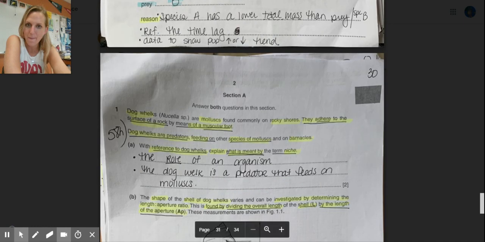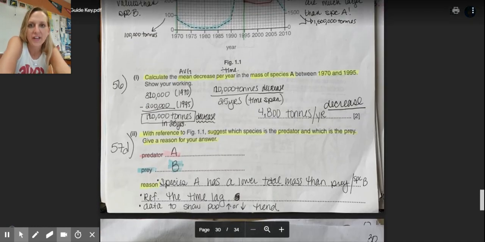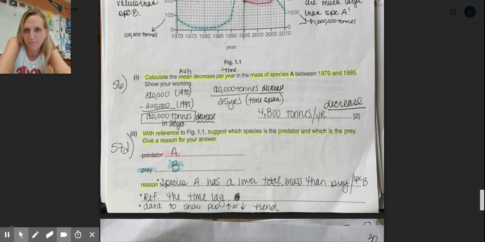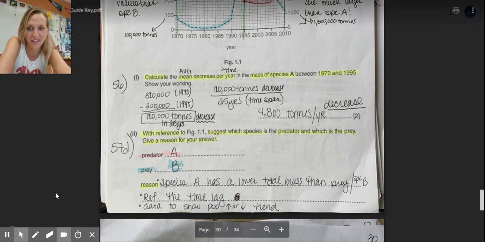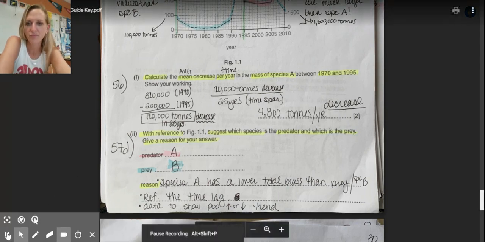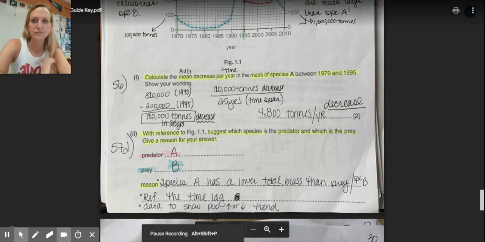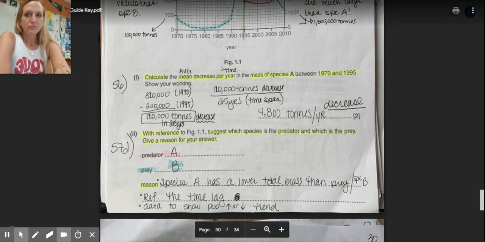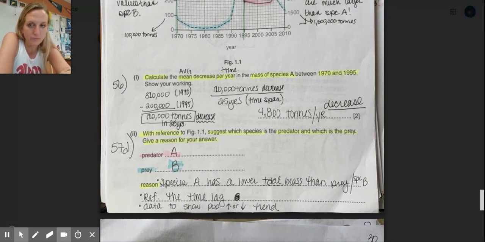Okay. I need to do 56. Calculate the mean, which is average, decrease per year in the mass of species A between 1970 and 1995. So per year, they're giving you a 25-year time span, so no matter what, you're going to want to get that down to how much is that per year.